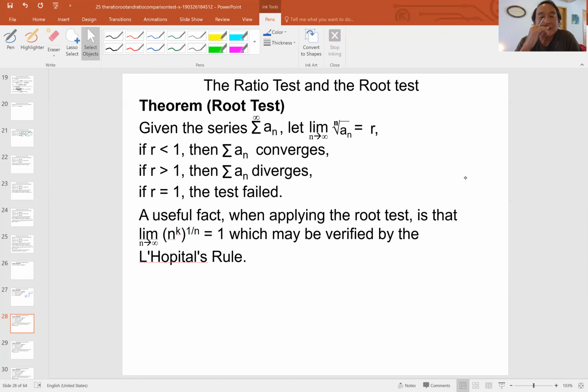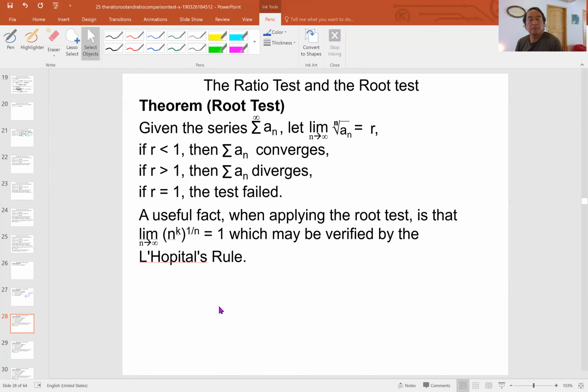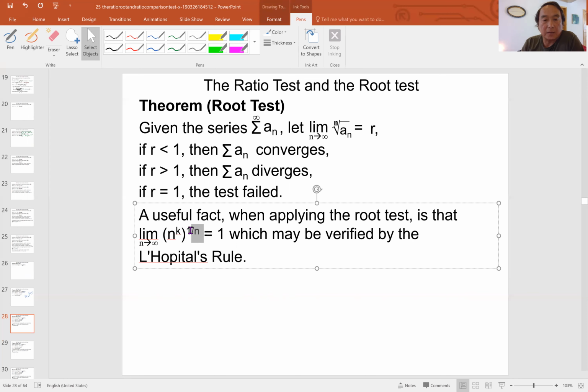And so since this involves nth roots, we're going to assume something: in fact, I put this one on the test, to ask you to verify this. We are going to assume that the nth root of n to the kth power, like any polynomial n squared, n cubed, you take the nth root, the limit is going to be 1. So we're going to invoke that somewhere along the way.